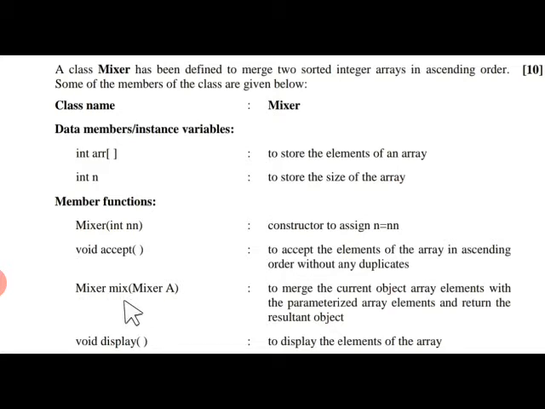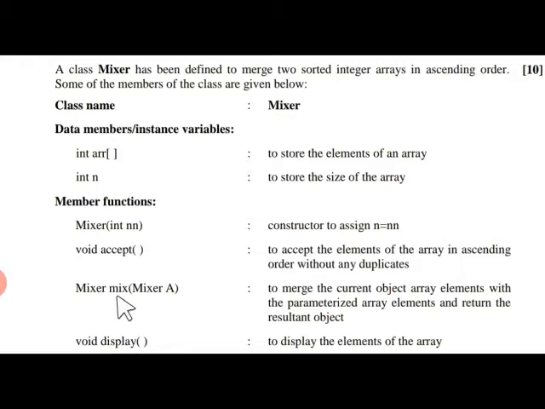another function which is the most important one, and that is the function which has a class as the return type. You can see the class name is Mixer, and it is mentioned as the return type.